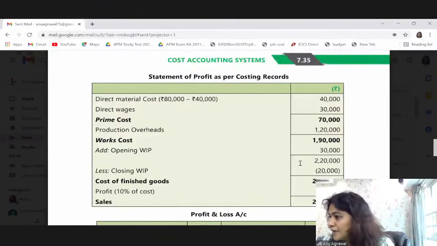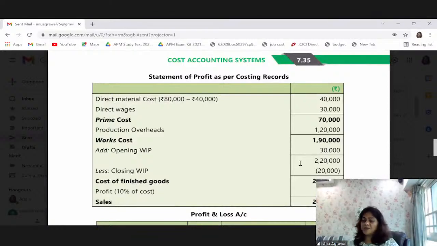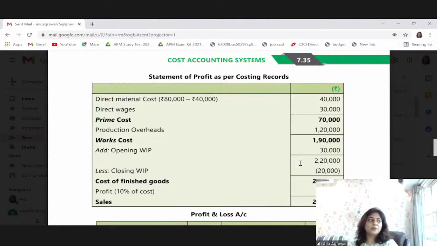Ma'am, can you explain closing WIP overhead working? Jamil, in that question, if you see, they have given you that there was a breakup which was given. Closing WIP, they have given you material is 30,000. Labor, they have given 20,000. Now, for cost sheet purposes, I will not take up the overheads which they are given in the question. I will just go in by the information.